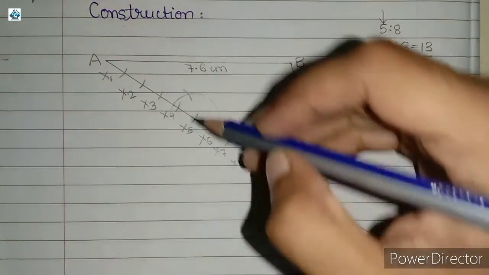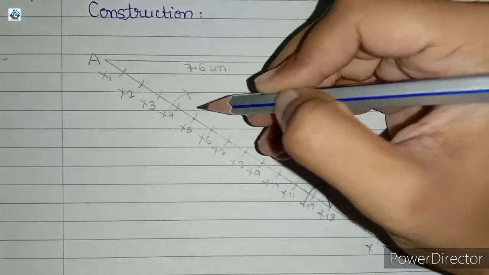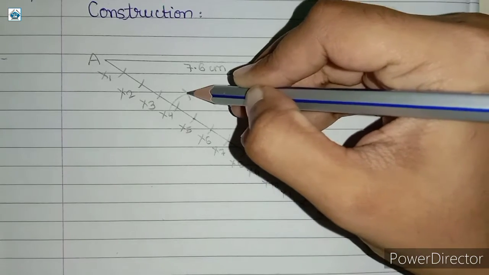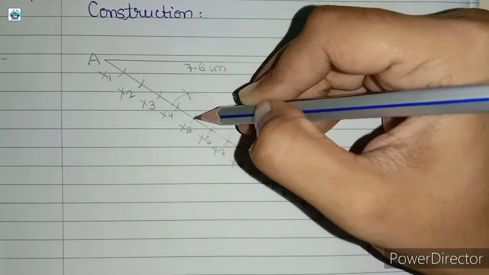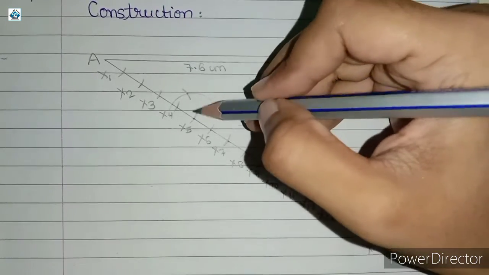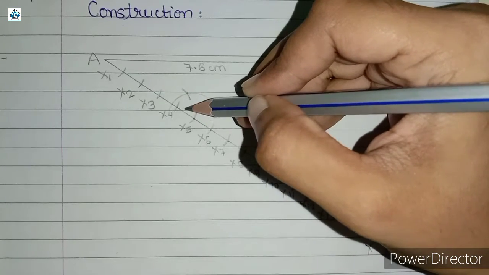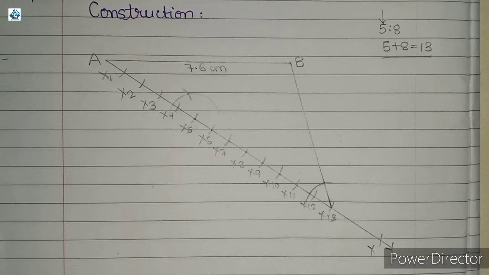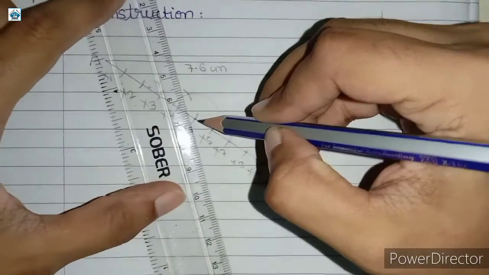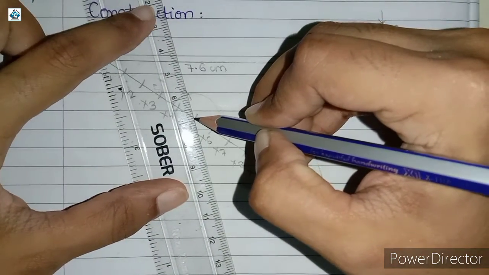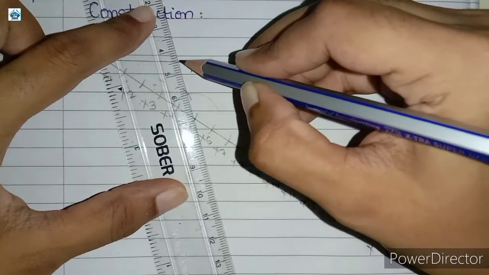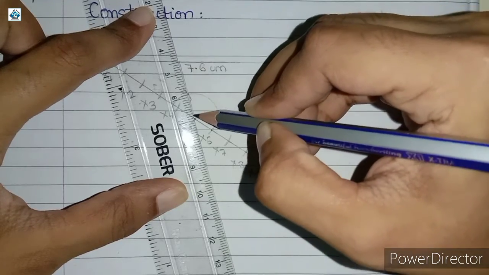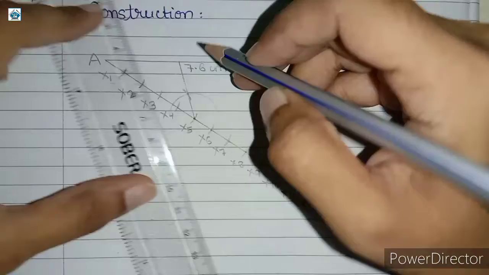You will get this point of intersection, and here you have x5. So joining these two points will give you a line segment which is parallel to BX13. So here let us join x5 and this point over here like this.